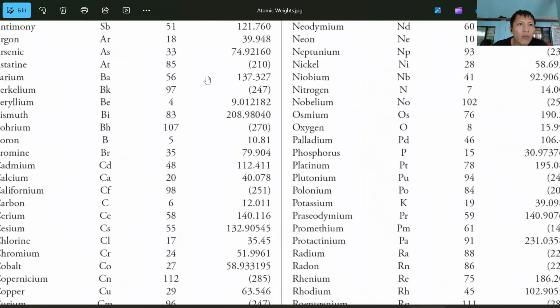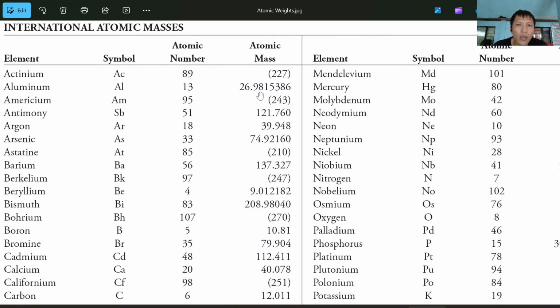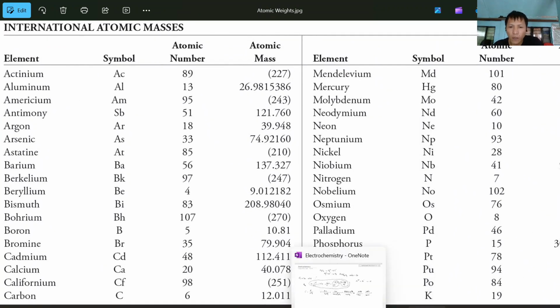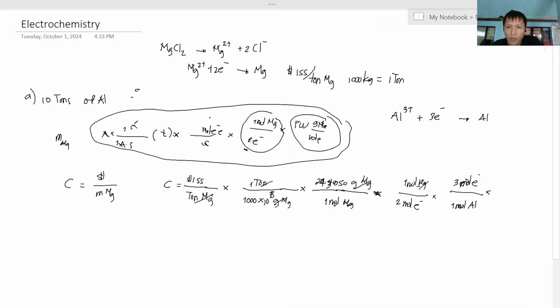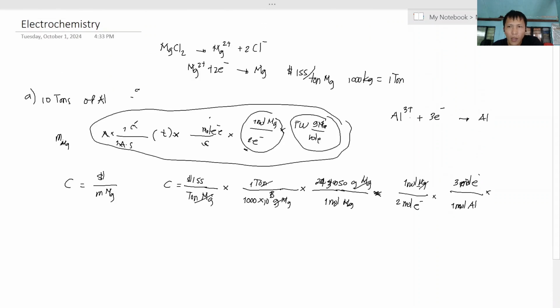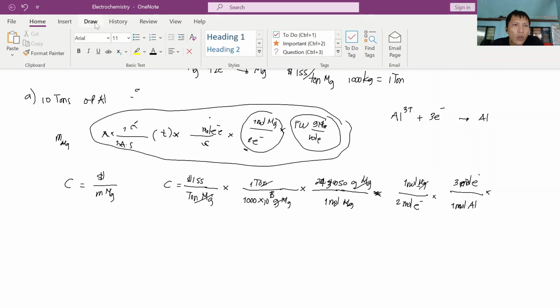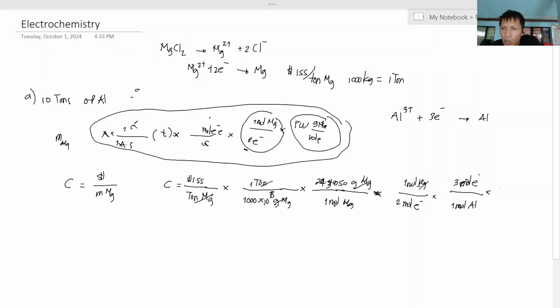For aluminum, that should be how much? 26.9815 grams per mole.